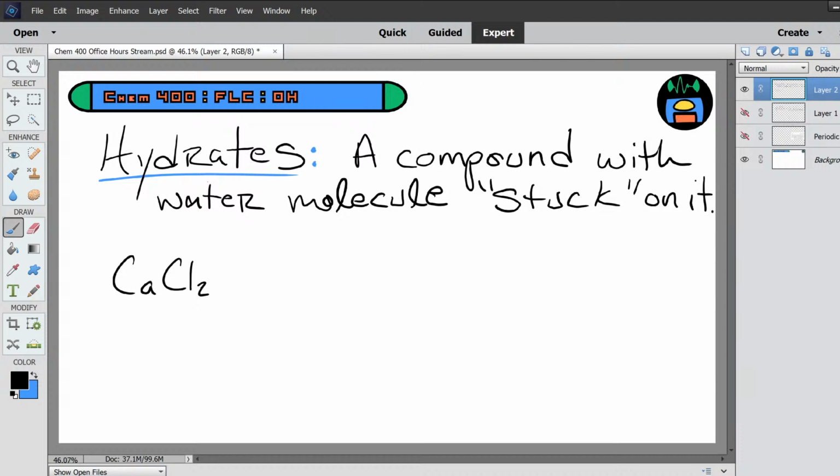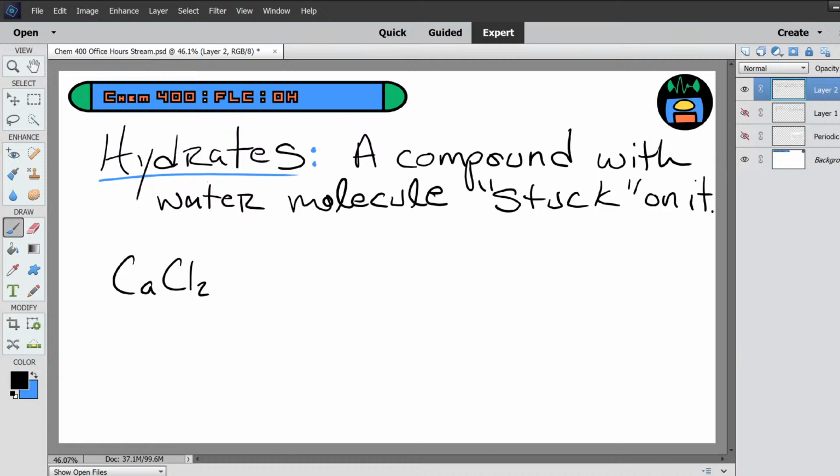And calcium chloride is one such compound. It has to be stored in a desiccator to prevent water from the atmosphere getting absorbed by it.